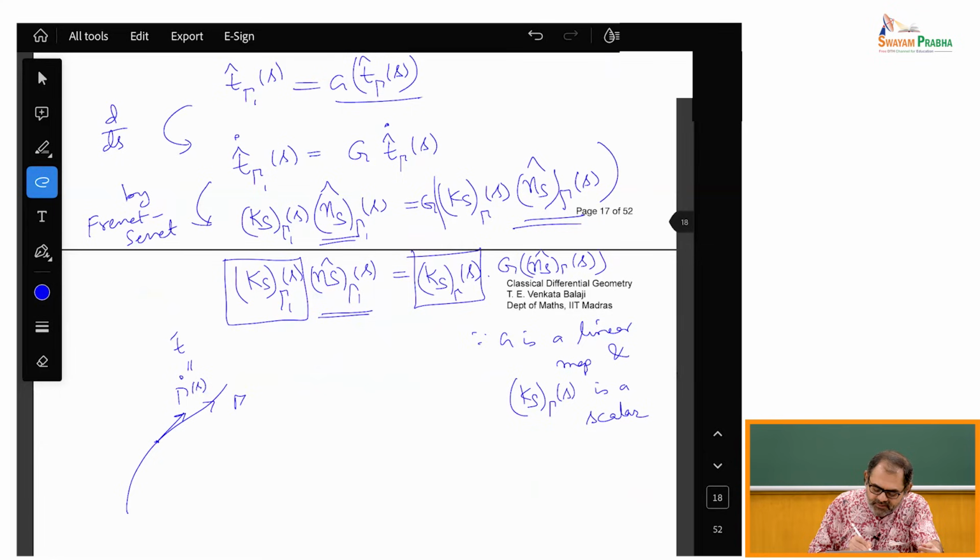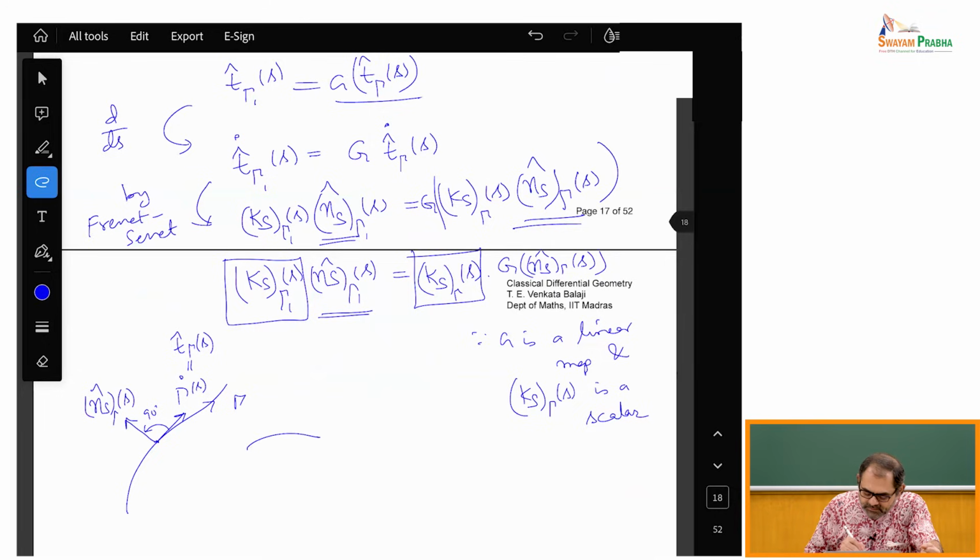So you see, look at this, you have gamma, you have this point, so at this point you have gamma dot of s, which is, mind you, it is T cap sub gamma of s, and then you rotate it by 90 degrees in the anticlockwise sense and you get n_s cap sub gamma of s, okay.